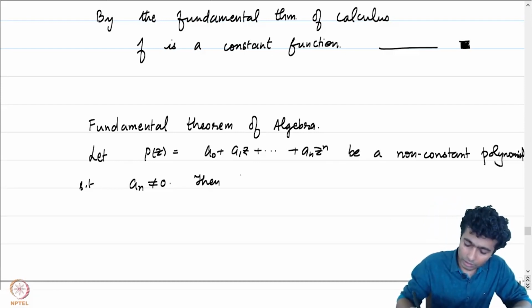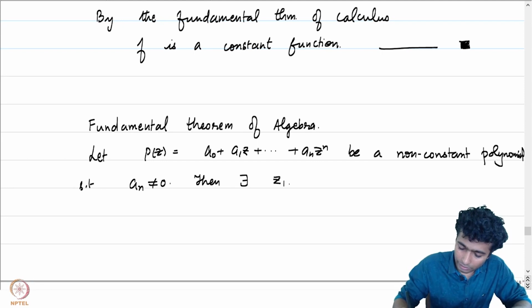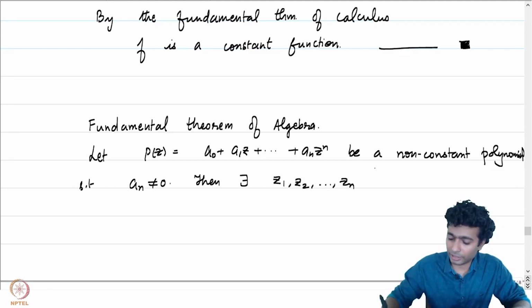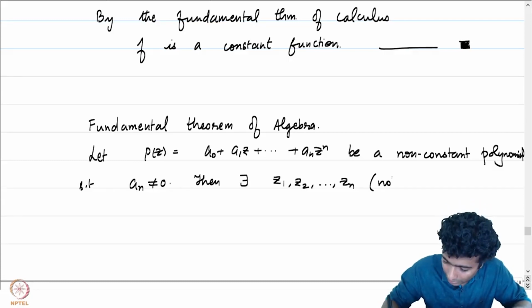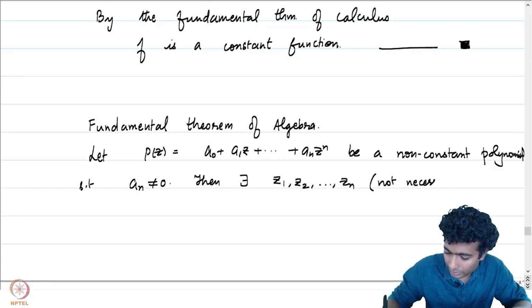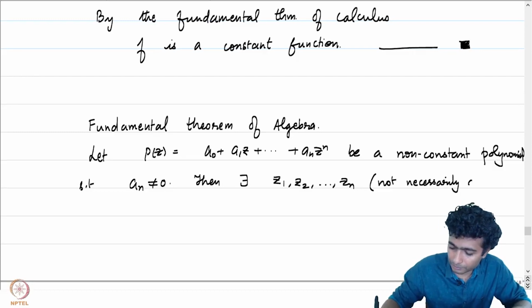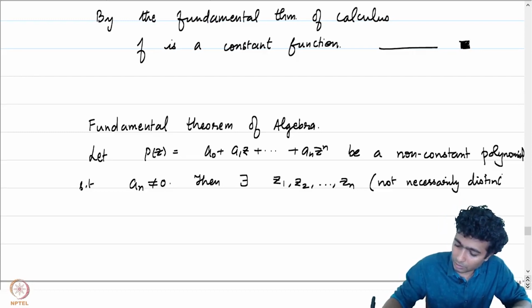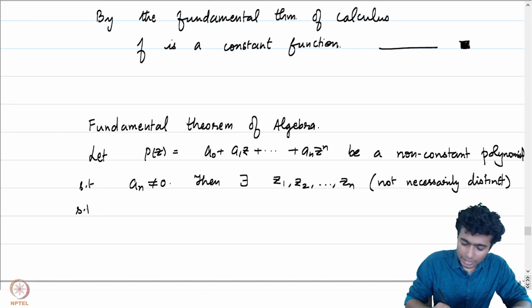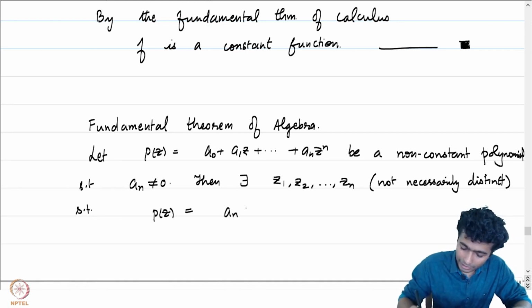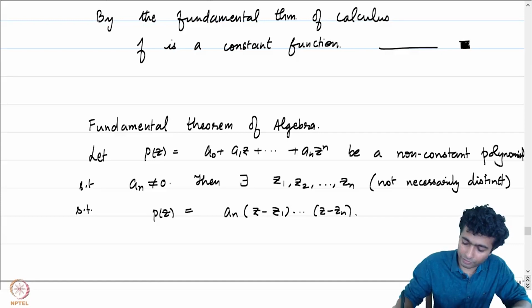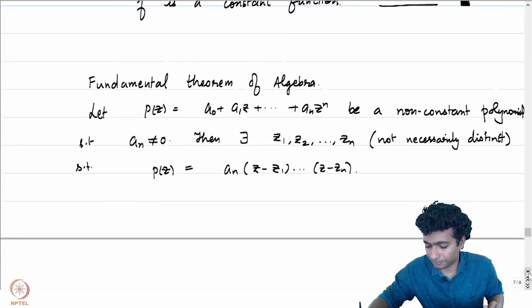Then there exist z1, z2, up to zn, not necessarily distinct. Let me just note that, not necessarily distinct. Such that P of z is equal to an times (z minus z1) all the way up to (z minus zn). It splits into linear factors.